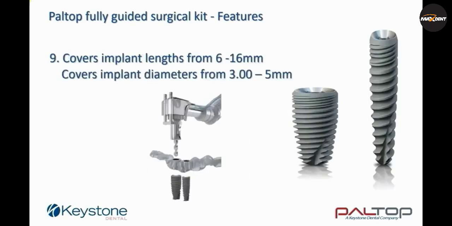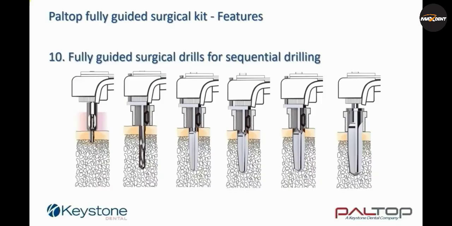The Paltop fully guided surgical kit covers implants of lengths from 6 to 16 mm and implant diameters from 3 to 5 mm. Finally, the fully guided kit facilitates a simple sequential drilling protocol.